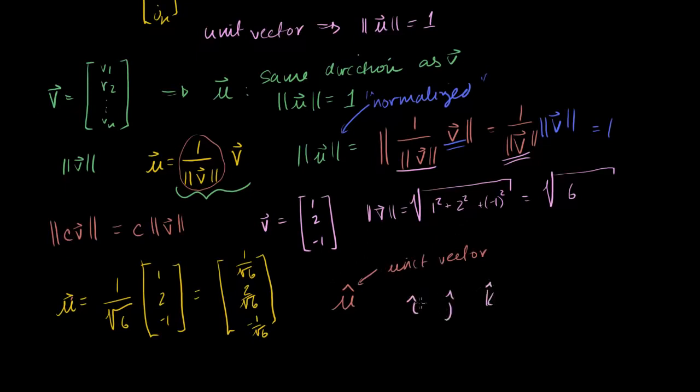The reason they have this little hat here is because these are all unit vectors in R3. They're all members of R3, and they're all unit vectors. These are actually the basis vectors in R3. And for those of you who've been watching my transformation videos, these are equivalent to the vectors e1, which I could write with a hat on it, really, e2, and e3, which are the standard basis vectors in R3.